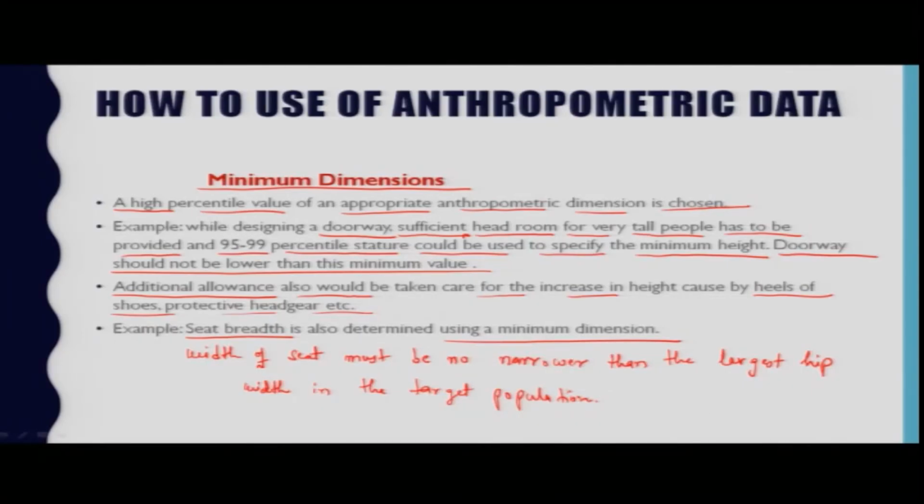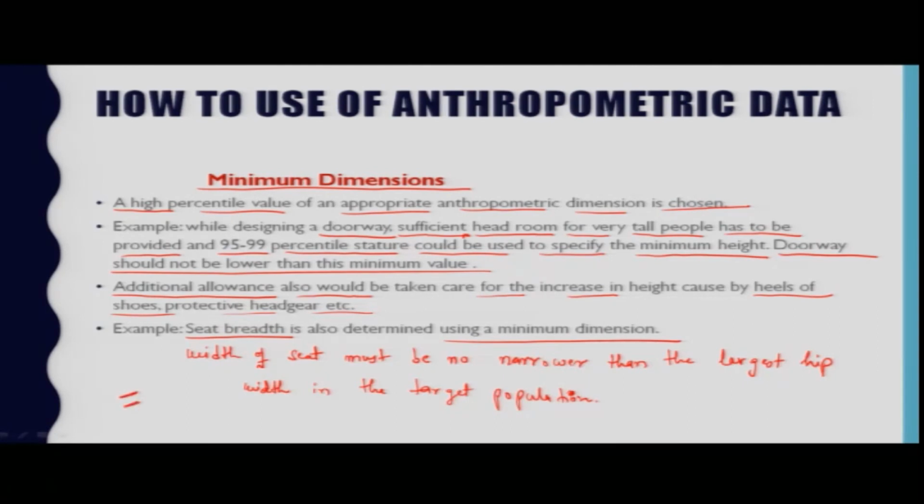So, minimum dimensions are used to specify the placement of controls on machines, door handles, etc. The control must be sufficiently high off the ground, so that a tall operator can reach them without stooping.